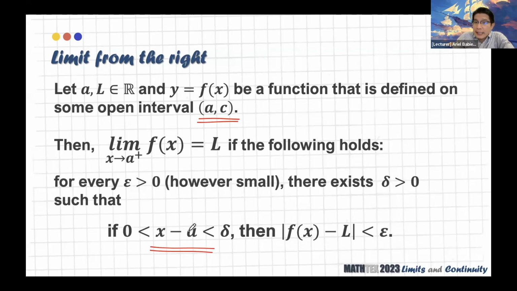So, x is greater than a, x minus a will be greater than 0. But then all the rest, notice, are basically the same as our original limit definition. Okay? So talagang ginawa lamang ng one-sided limit ay naging bias lamang siya over one side. Limit from the left lamang siya, limit from the right. And even the definition, in the definition, it will follow that one-sidedness of the limit.